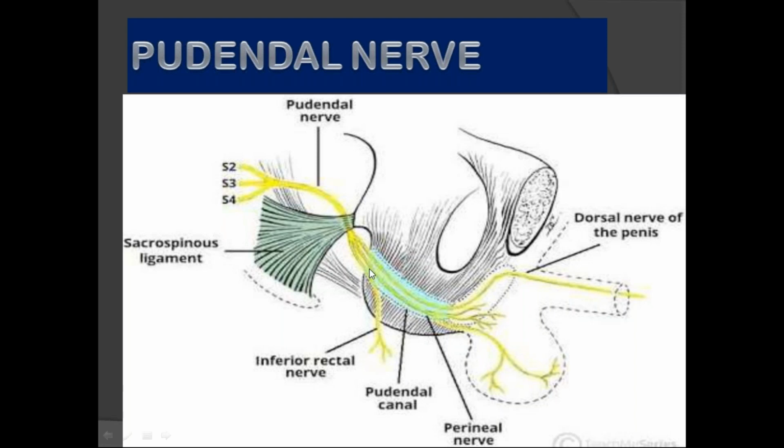In the posterior part of the pudendal canal, it gives the inferior rectal nerve. In the anterior part, it divides into 2 terminal branches: the dorsal nerve of the penis or clitoris, and the perineal nerve. Out of these two, which is smaller, which is larger? The dorsal nerve of the penis is the smaller terminal branch, the larger terminal branch is the perineal nerve, right?